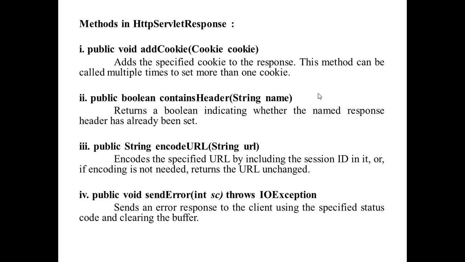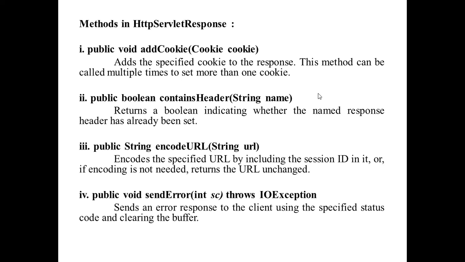Second method is public boolean containsHeader having parameter String name. This method returns a boolean value indicating whether the named response header has already been set. Means it returns true or false.